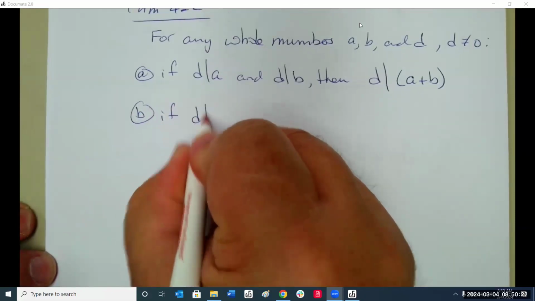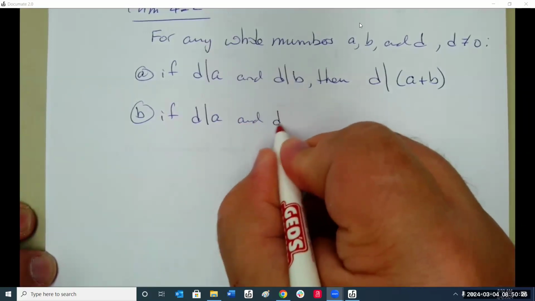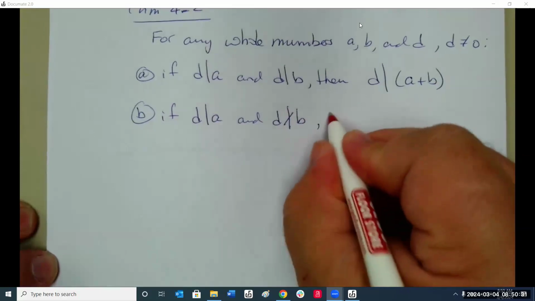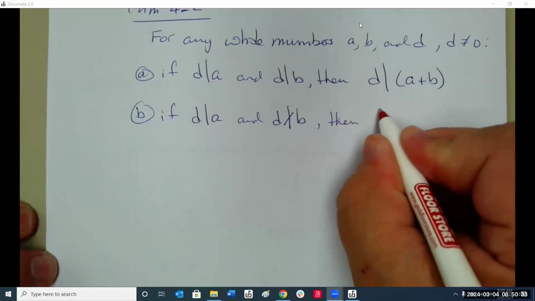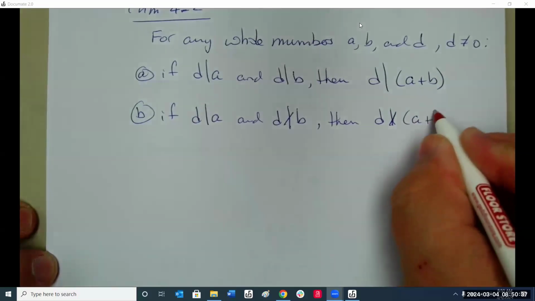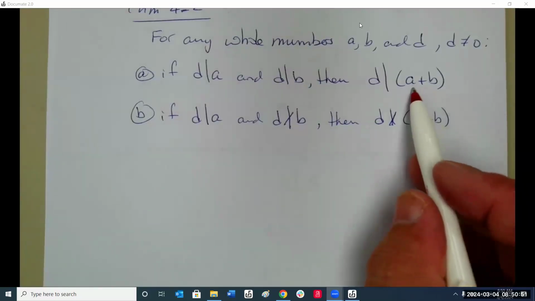If D divides A and D does not divide B, then D does not divide A plus B. What it's saying here, then, we know if you have a number, say 15, 15 can be made up of 10 plus 5.